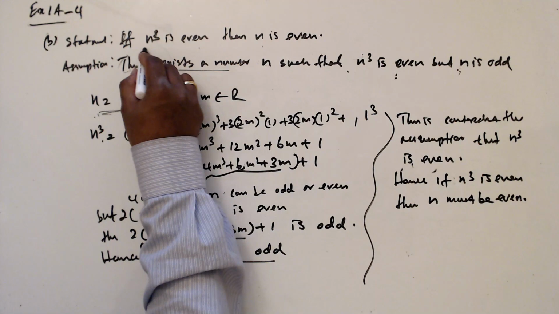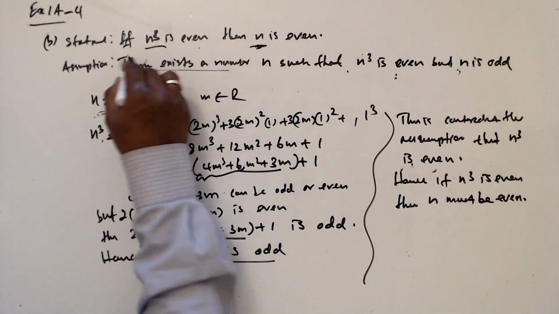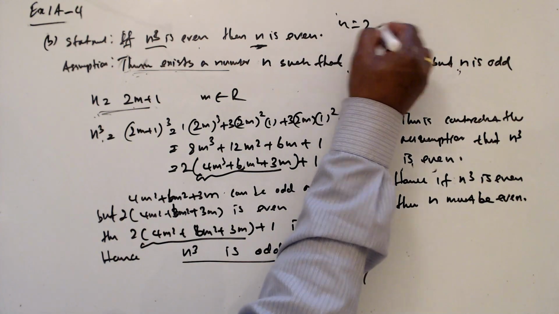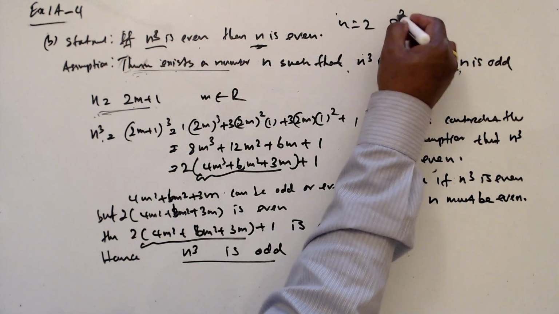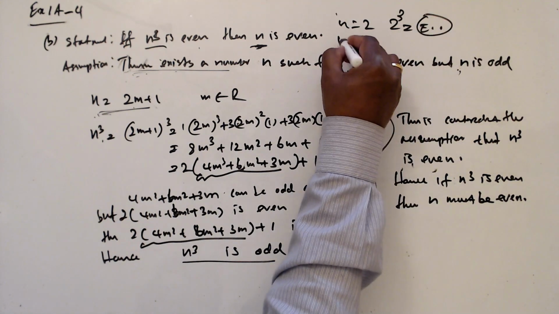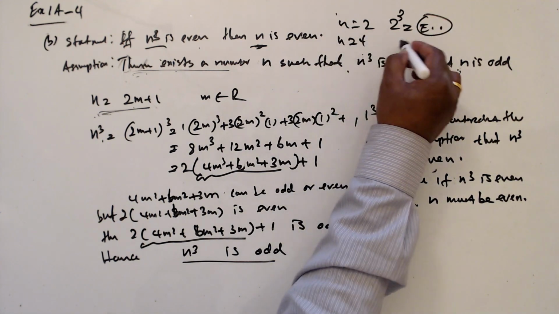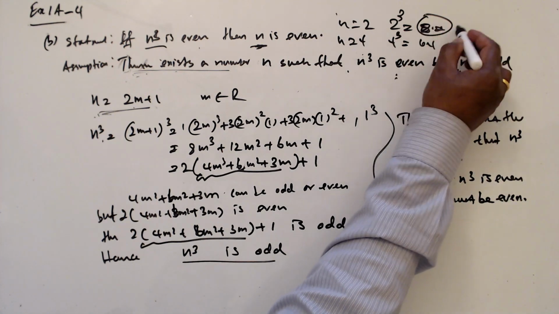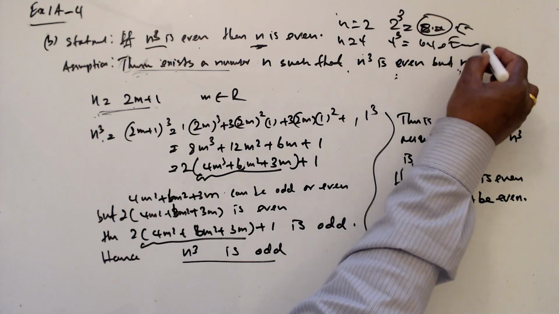Before you start, just check whether this is true. Let's say n equals 2, what is 2 cubed? It is 8, even. Take any even number, 4. What is 4 cubed? 64, even. So it works.